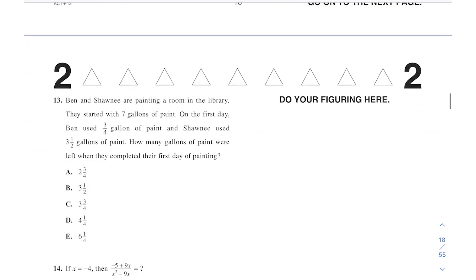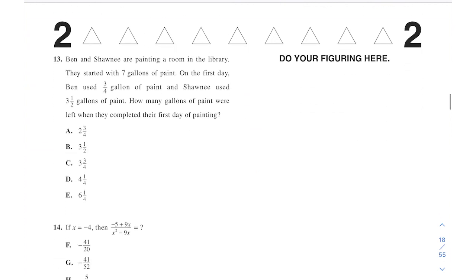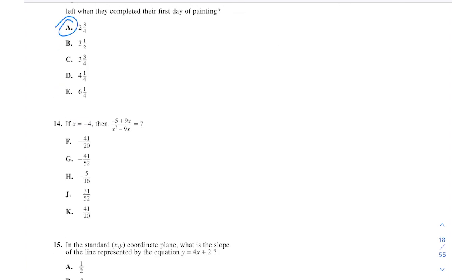So that's J. Sorry, I know I circled that one a little messy. All right, 3.5 plus 3/4. So here, that's going to be 4 1/4. So that's going to leave you with 2 3/4.